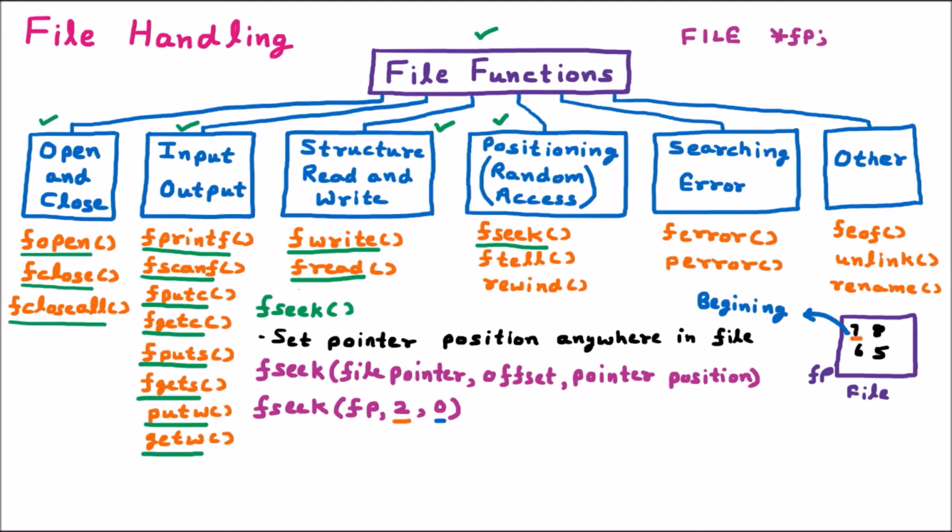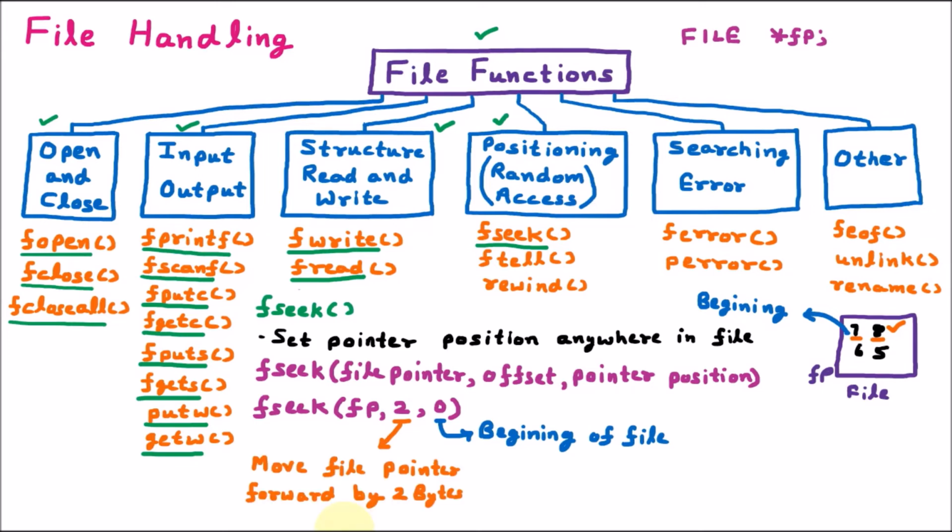So here 1 and 2, that means we want to fetch the record which is 8. Here 0 signifies beginning of file, and here 2 signifies move file pointer by 2 bytes. Instead of this 0, which means beginning of file, we can also write SEEK_SET.